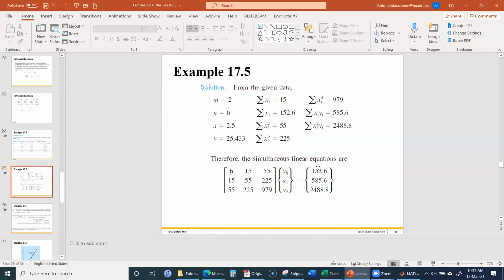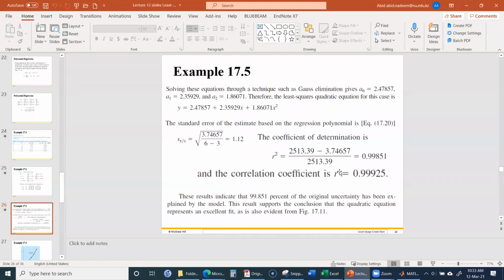So this is how it was calculated, and we can see that it was 0.9985, and the correlation coefficient is 0.999925. Then the standard error is calculated like this, which is 1.12.